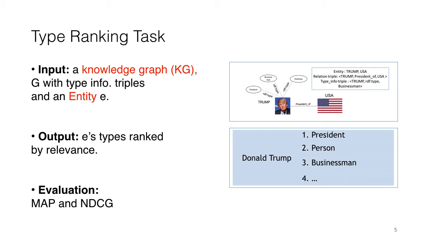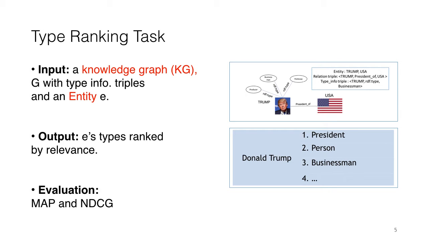Among all the information that can be attached to entities, type information is vital as it defines what the entities are. For this reason, we tackle a task which can also be seen as entity summarization, that we call entity type ranking.